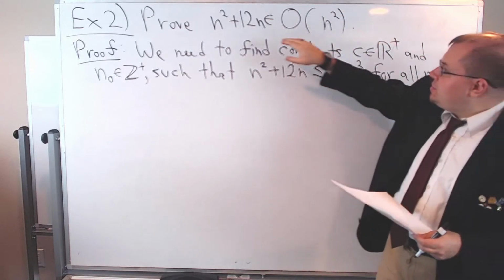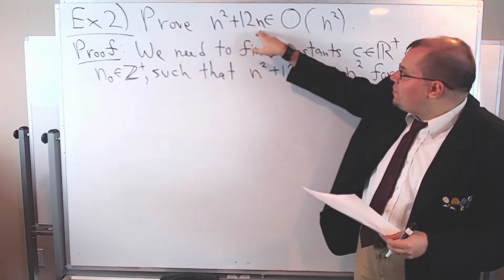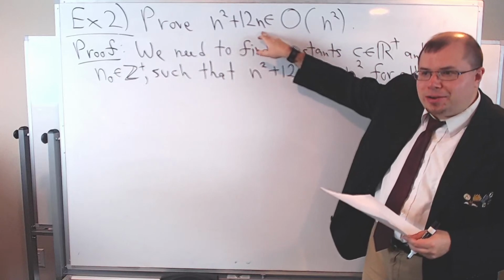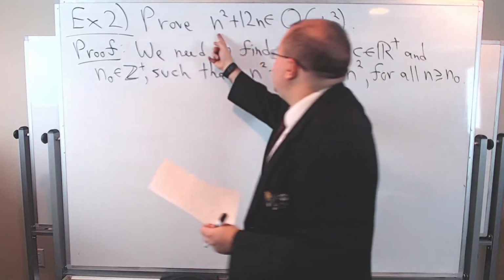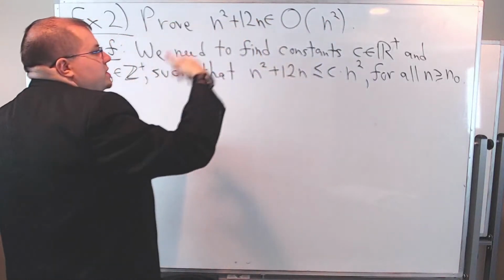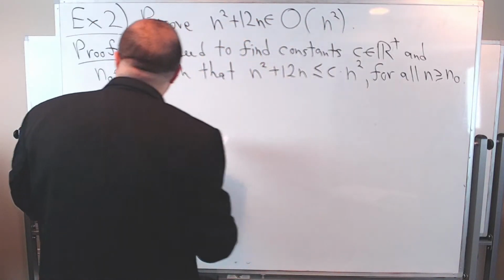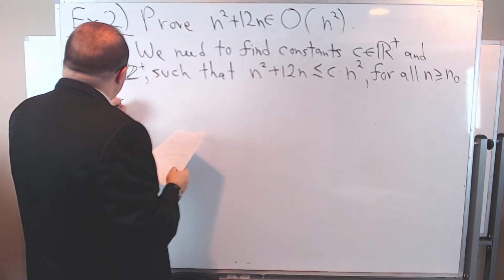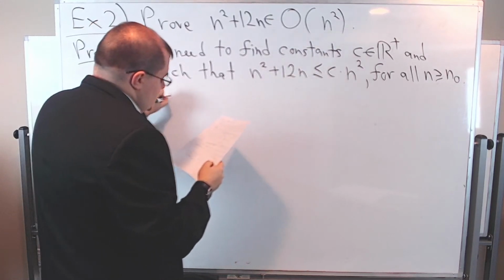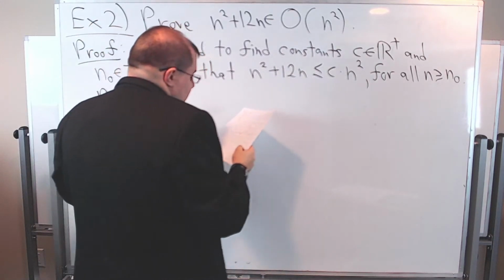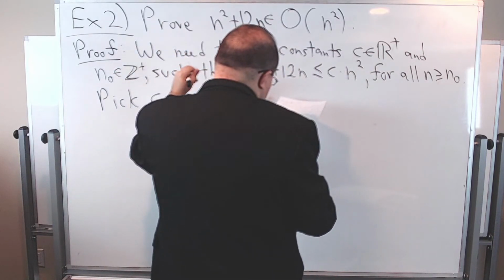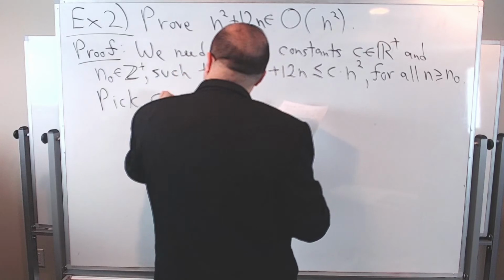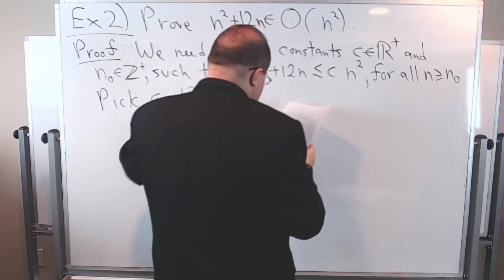So I'm going to pretend that 12n is actually 12n squared. Do you see what c should be now? Well, n squared plus 12n squared would be 13n squared, right? So I'm going to pick c to be, naturally, c is equal to 13.